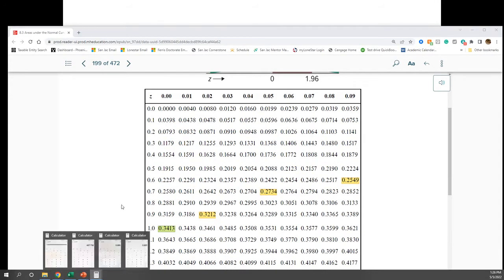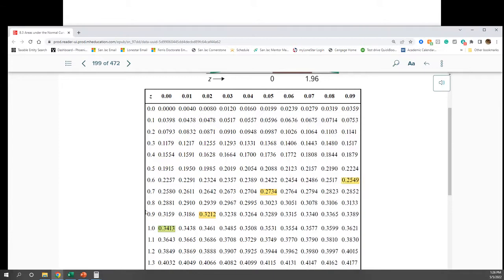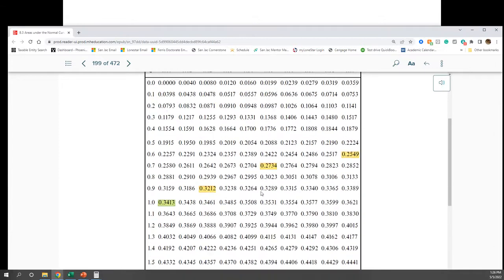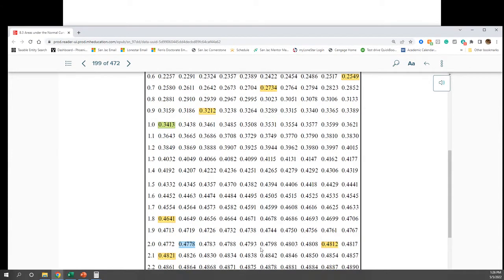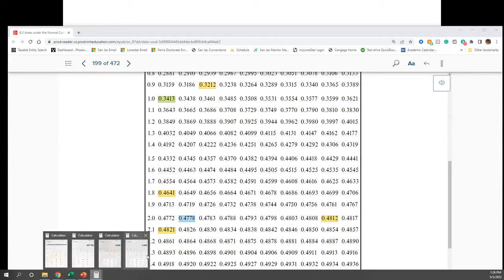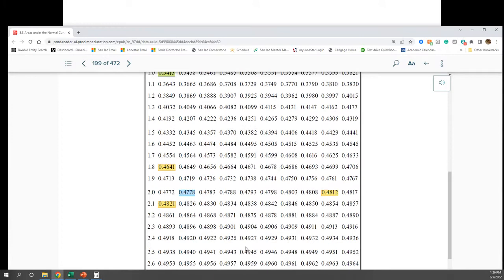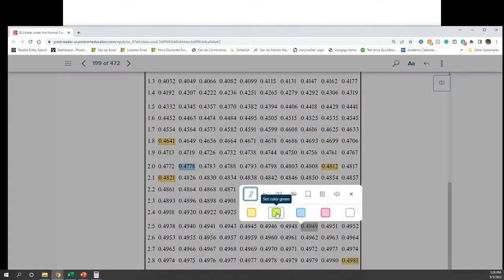Since we got a calculator, 0.5 minus 0.005, we'll look at 0.495. So find our number. 0.495, getting close. There we are. Again, cannot go over.